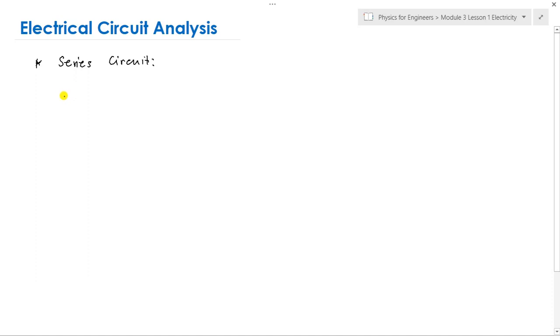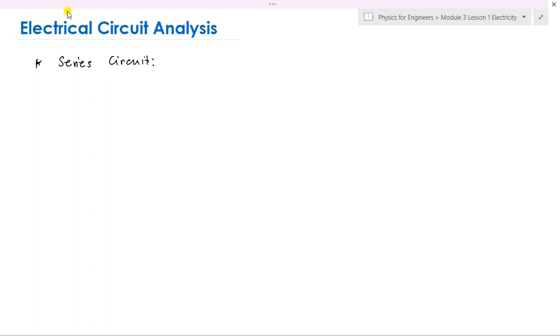A circuit is comprised of a power source, connecting wire, and the load. In the example previously, the bulb, we assume that our load is a resistor, meaning it possesses some resistance. Every device we can model as a resistor.